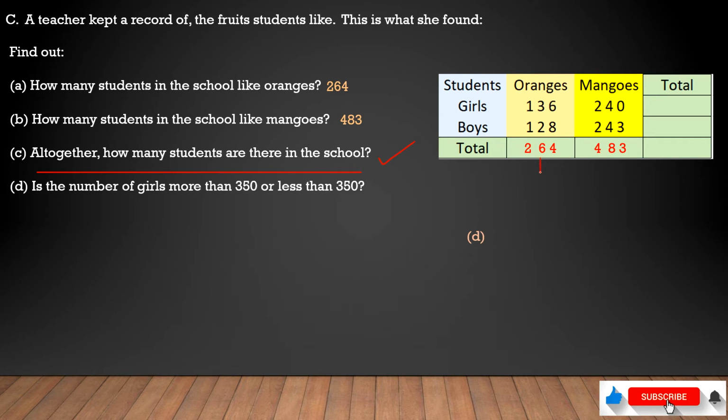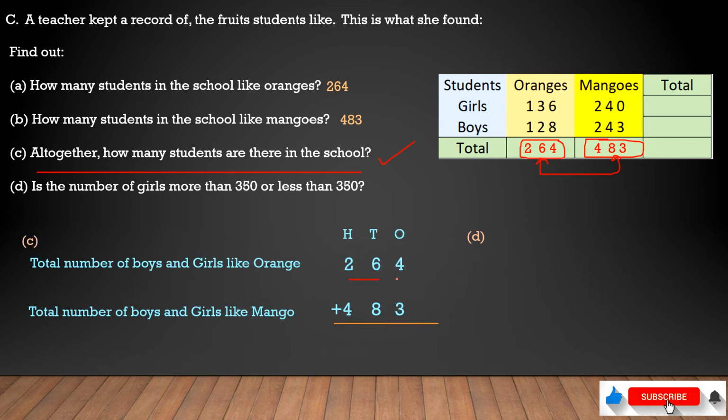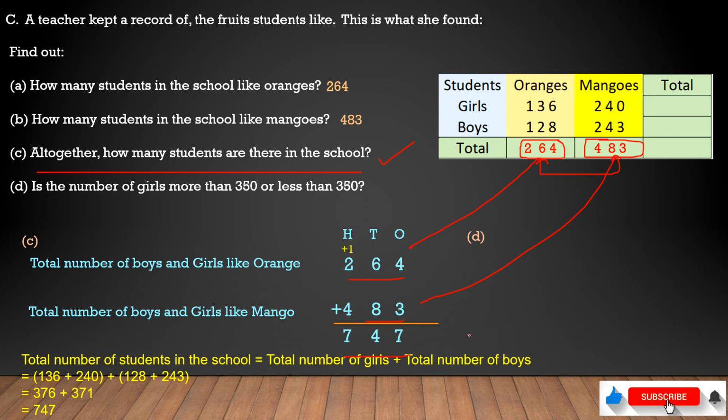To find the total number of students, we have to add these two numbers. Why? Because this is the total number of students who like oranges and the total number of students who like mangoes. If you add these two numbers together, we get the total number of students in the school. So we can write these two numbers here: 264 and 483, and if you add these together, we get 747.